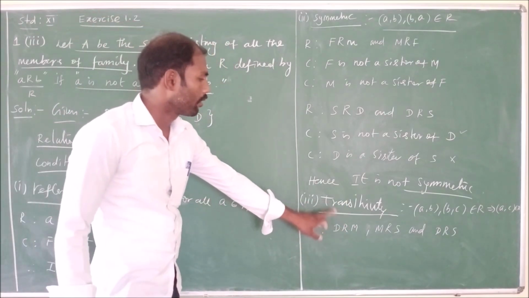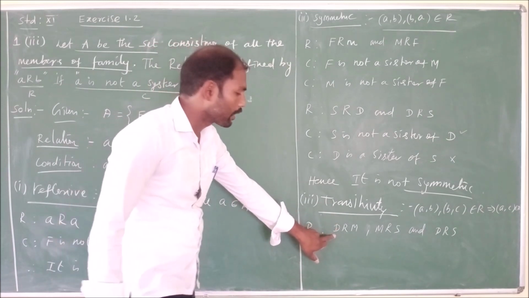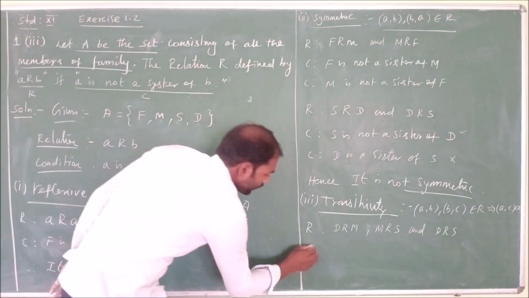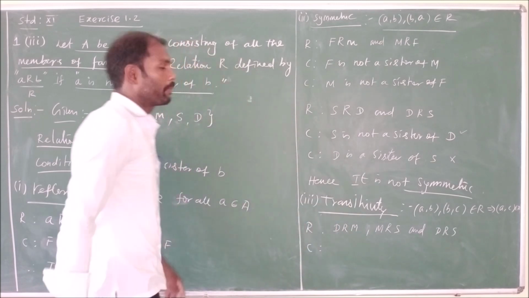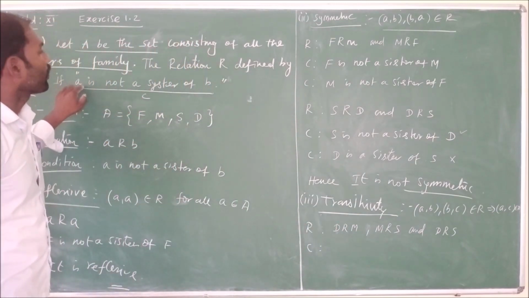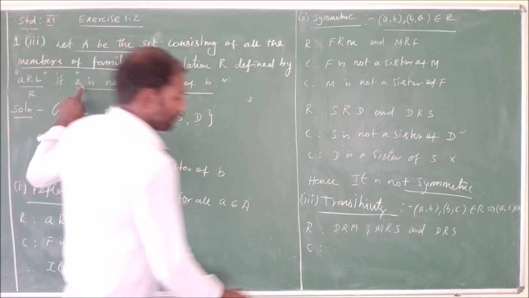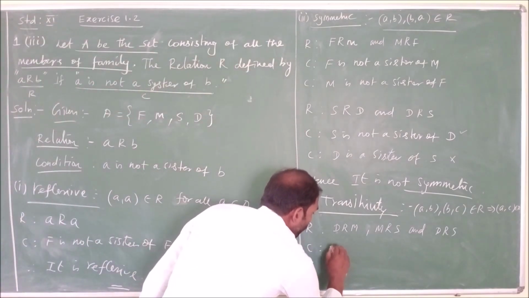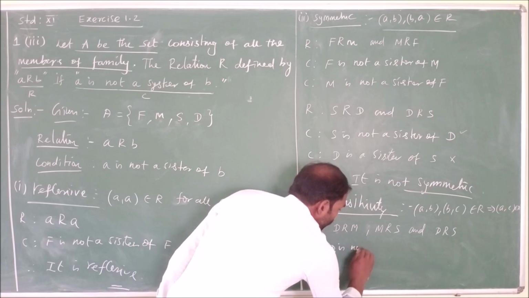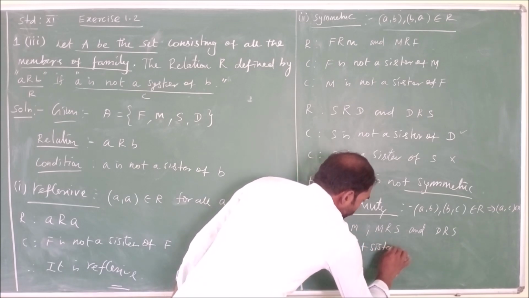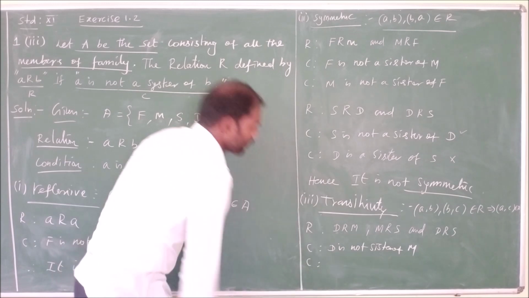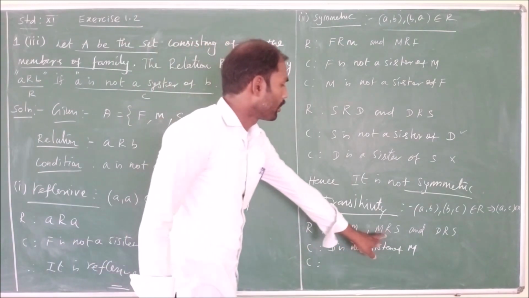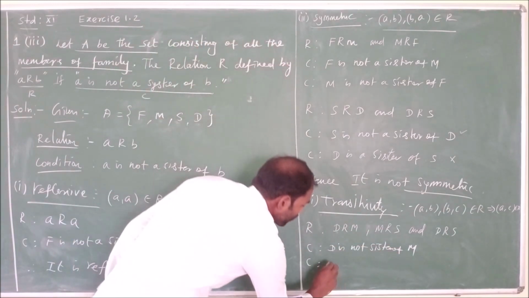This pair does not satisfy the transitivity condition because the first condition is: daughter is not a sister of mother. So it is satisfied. Daughter is not sister of M. The second condition is mother is not sister of son.